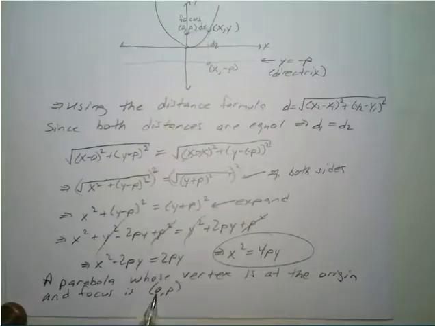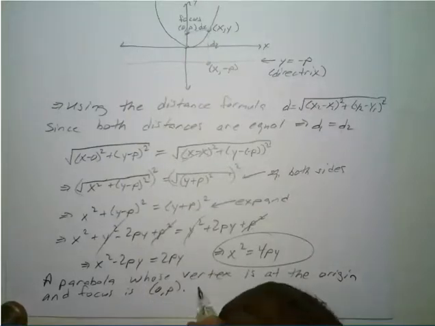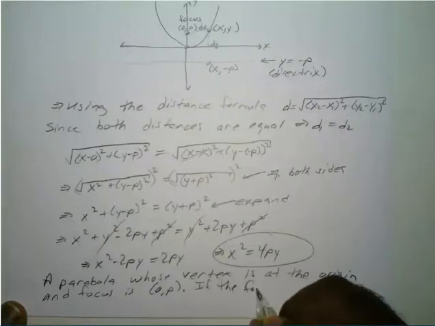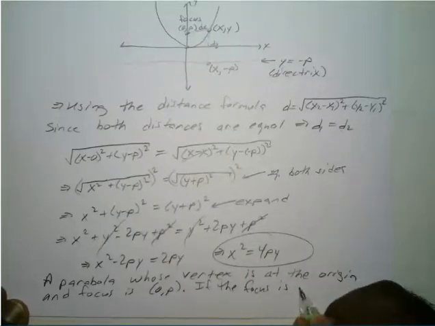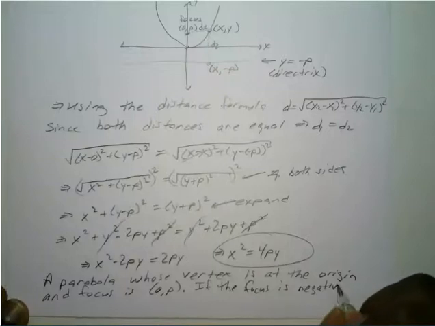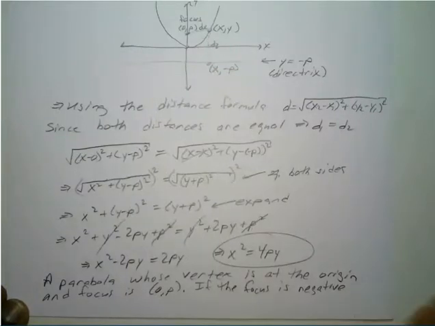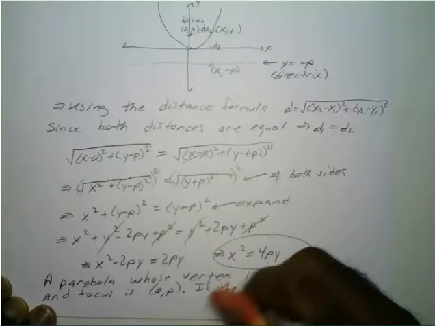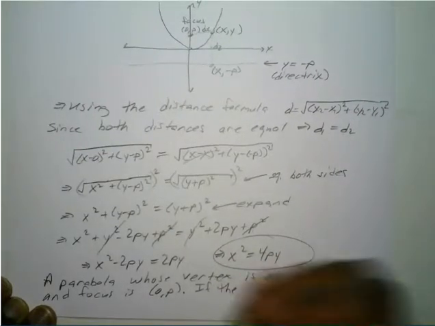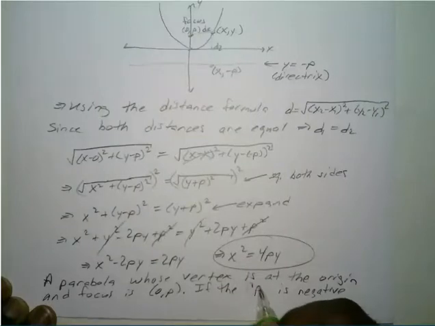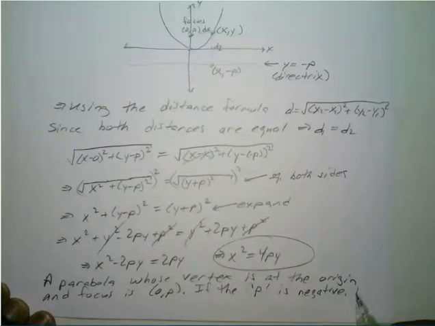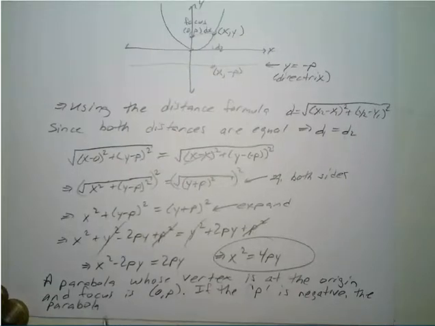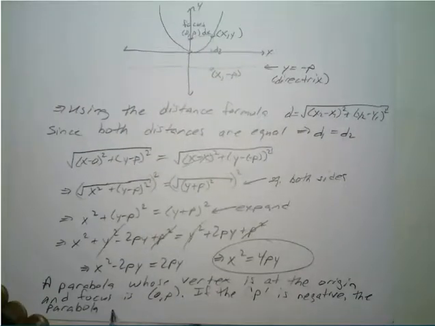Now, if our focus became (0, negative p), well, if p is negative, not the focus, if p is negative, the parabola will open downward.